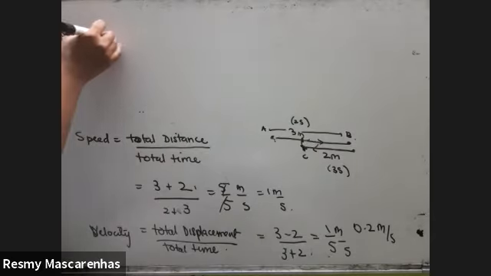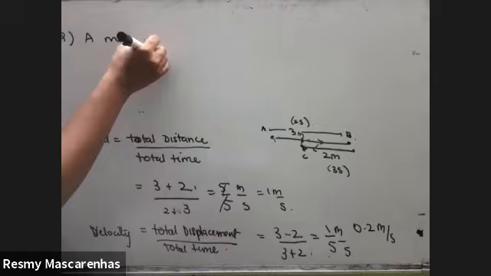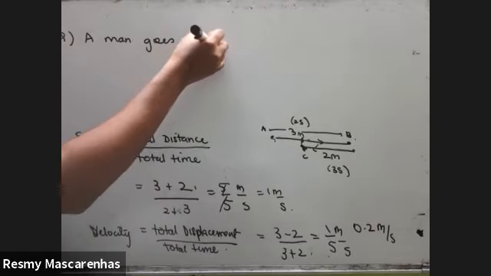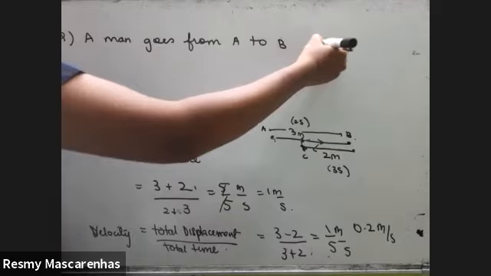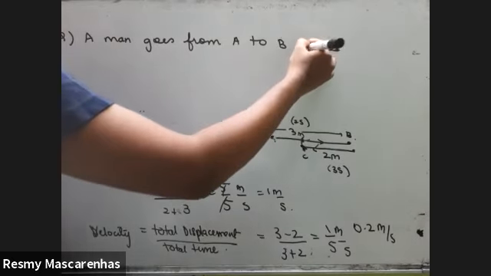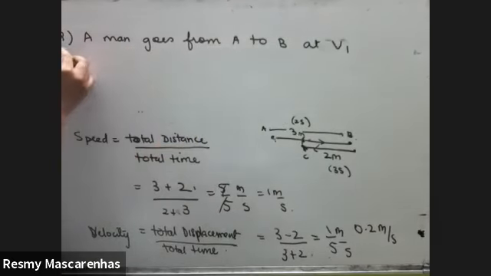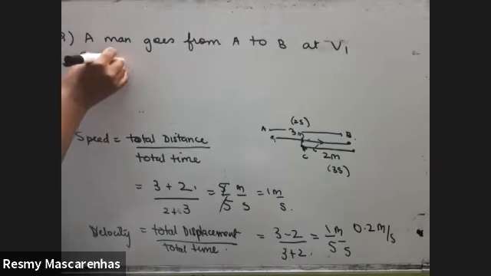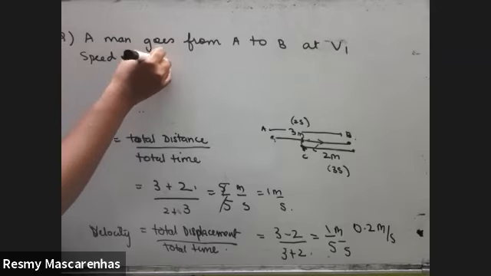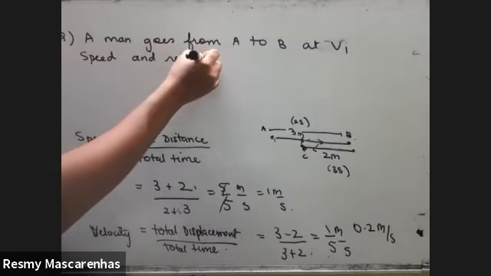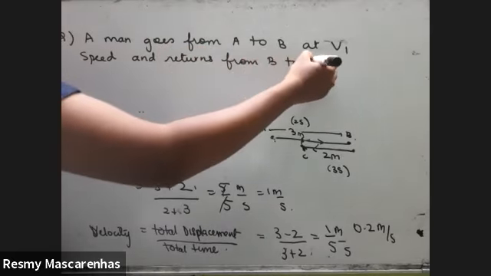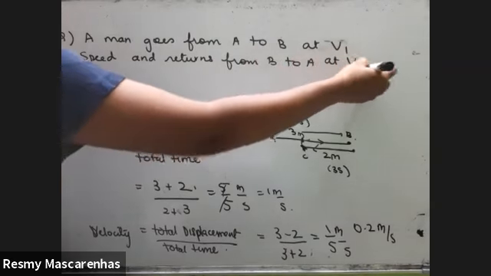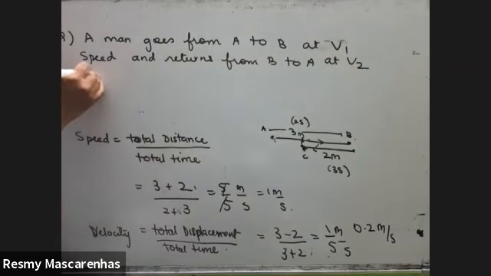Next question. A man goes from A to B at v1 speed and returns from B to A at v2 speed.